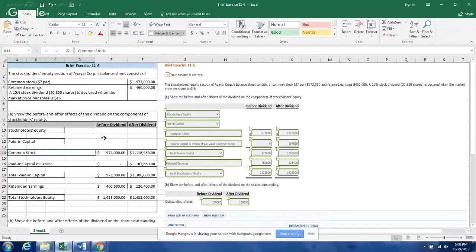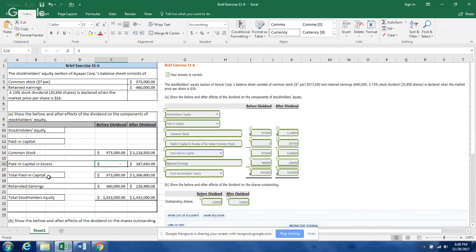I did the before dividends column first. So our common stock, we know from the question that it was $973,000. So I entered that number there. We do not have any paid-in capital at this time because this is before the dividends.